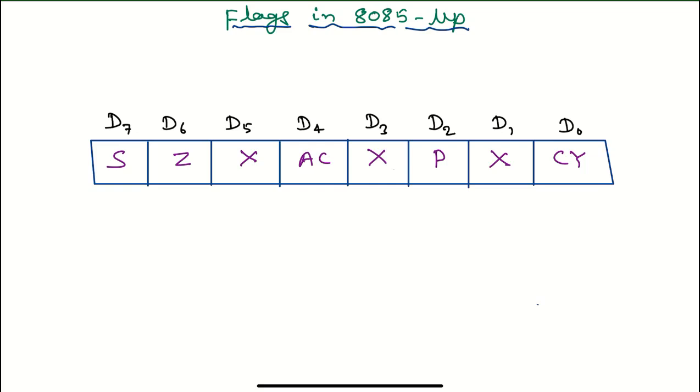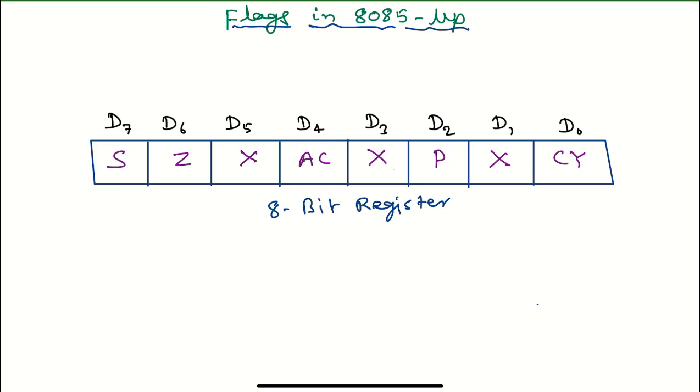First of all, we should know that the flags are held in an 8-bit register. As I hope you know about the ALU, this 8-bit register in 8085 is part of the ALU.